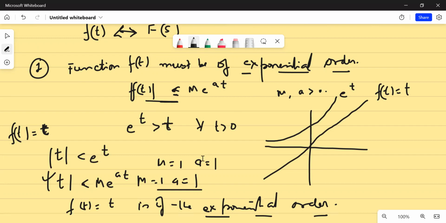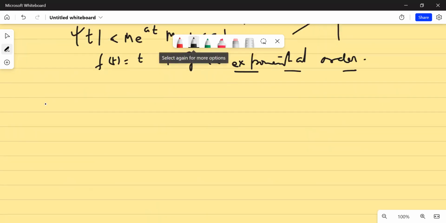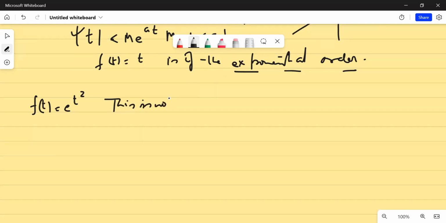Okay, good enough. Let us take another example. How about f(t) equal to e^(t²)? This is not of exponential order. Why?